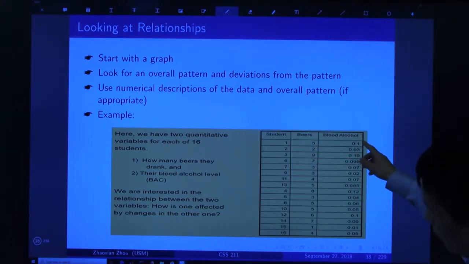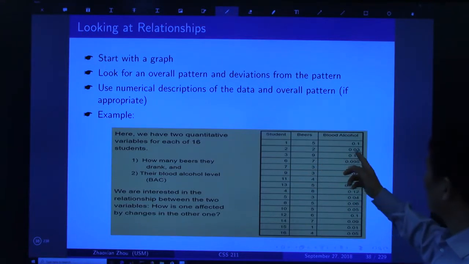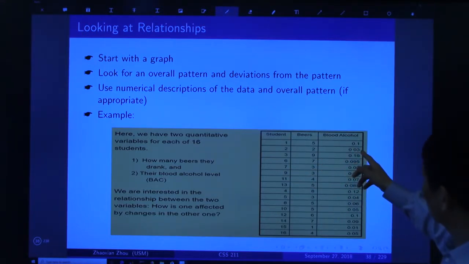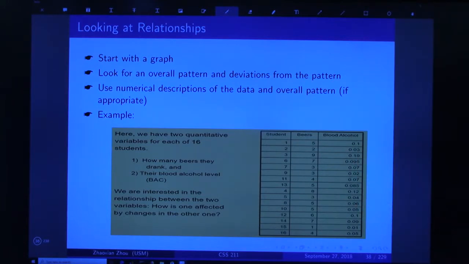I don't know the unit, but that is not important, so we only discuss the data. Student 2 drank 2 beers, and the blood alcohol level is 0.03, and so on. We have all the data for the 16 students. We are interested in whether there is any relationship between the two variables. That means if you drink more beers, will your blood alcohol level be higher? How will this change?